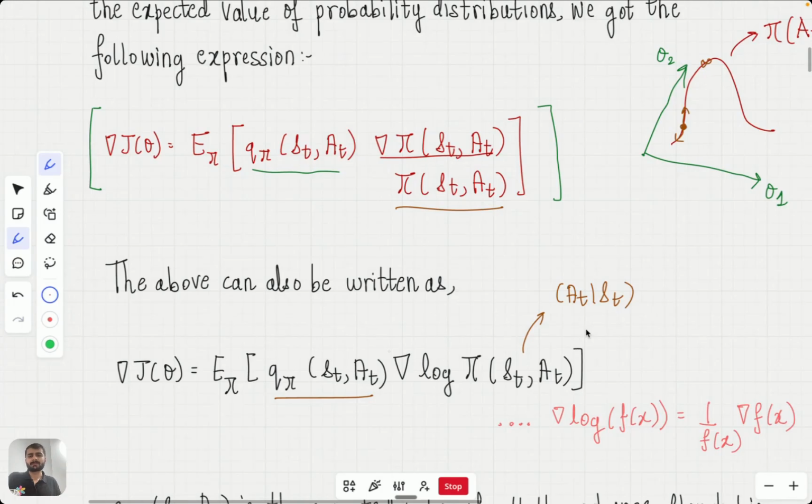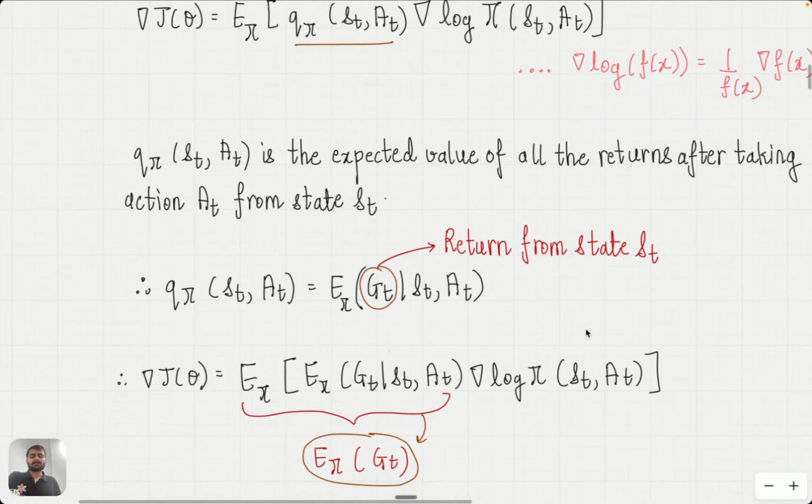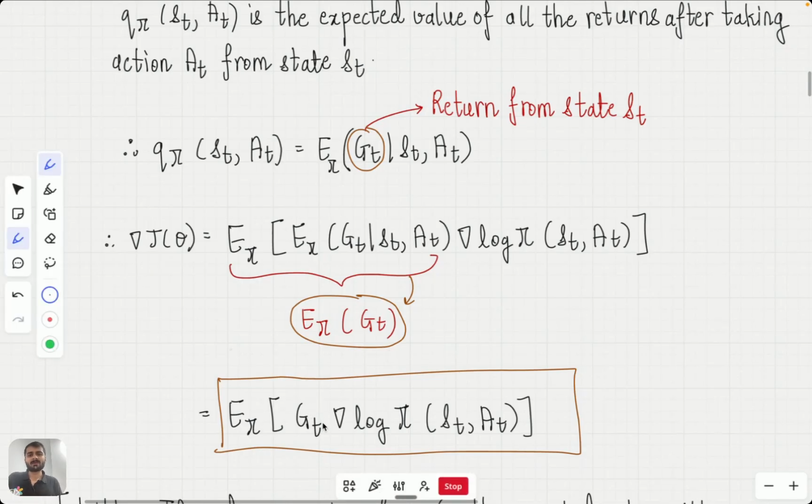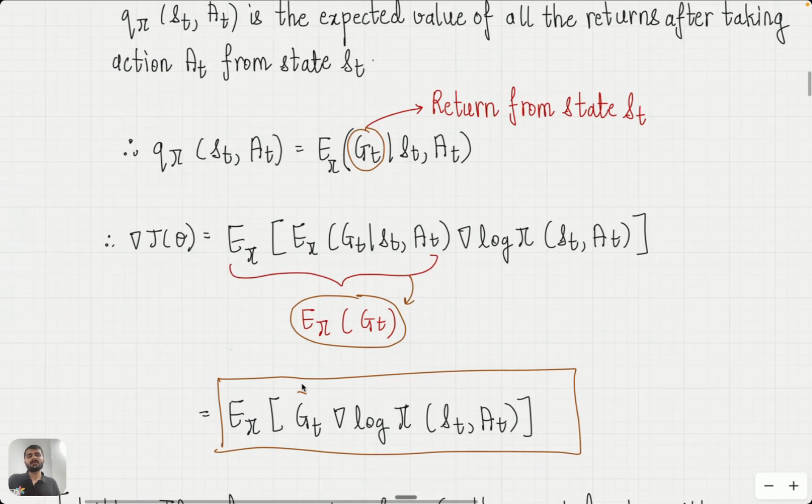I will correct it. Okay, so now what we have seen is there are two ways of writing the gradient of the performance measure. One method is to simply have Q^π as the first term, and the second method is to have Q^π replaced by G_t. The difference with both the methods is that in the first method you will need to take an average over all the actions, and you will need to find the expected value of all the returns.